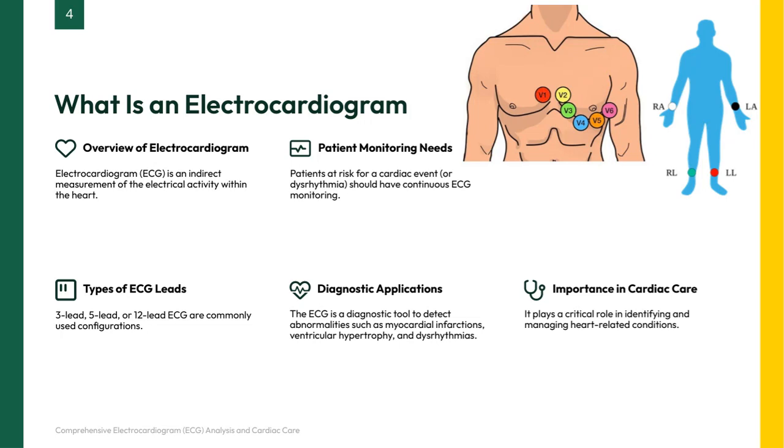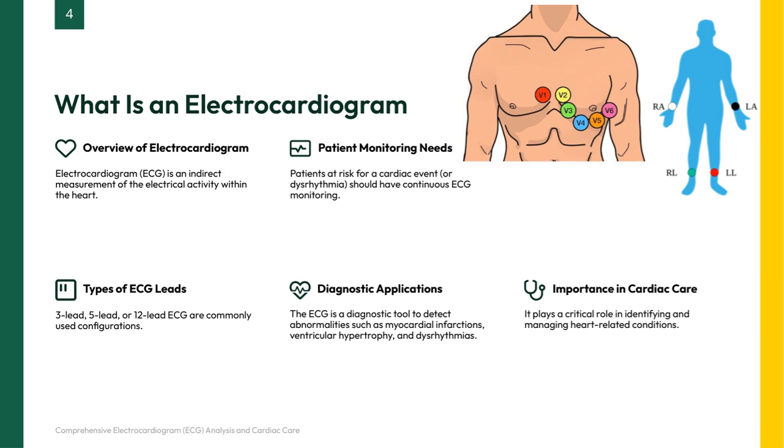The electrical activity the ECG measures is vital because it controls how the heart beats and pumps blood. For patients at risk of cardiac events or irregular heart rhythms, we use continuous ECG monitoring to keep a close watch on their heart's activity in real time.